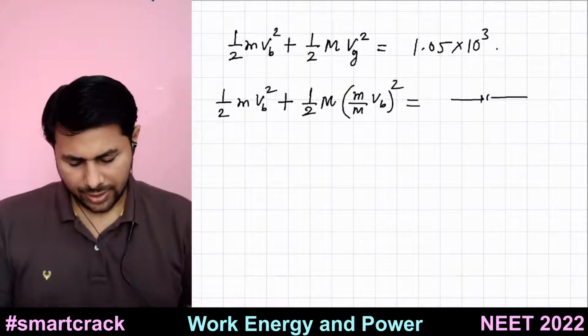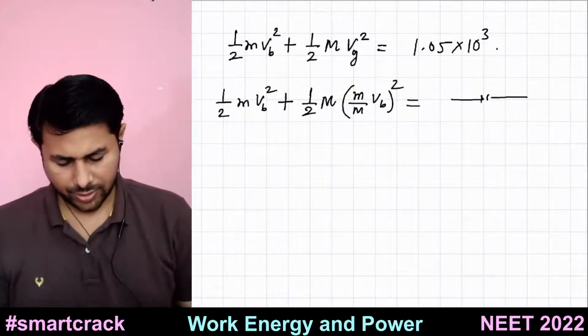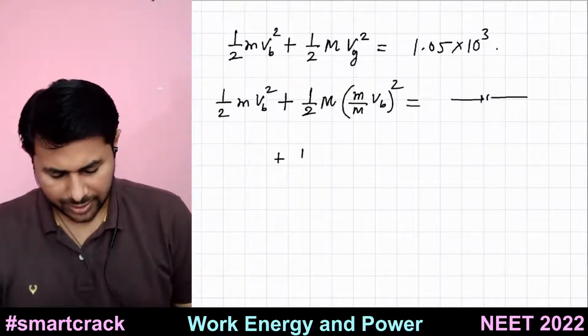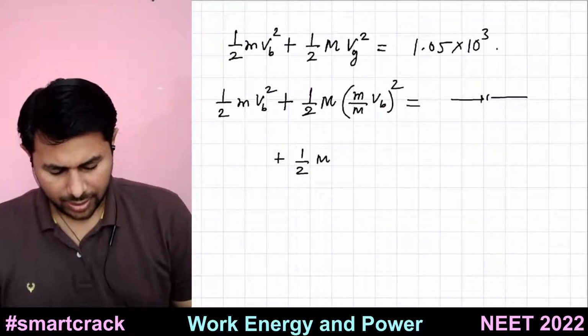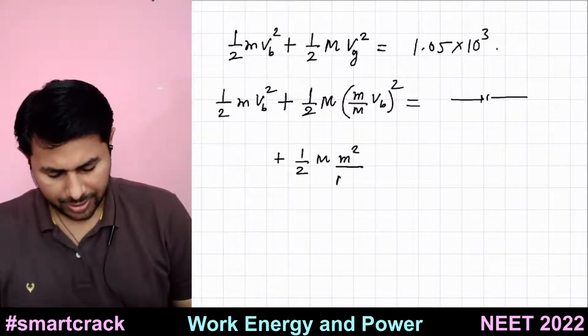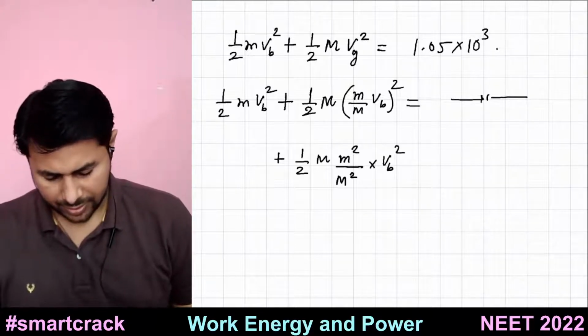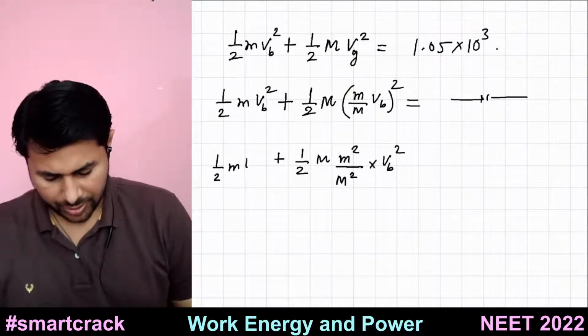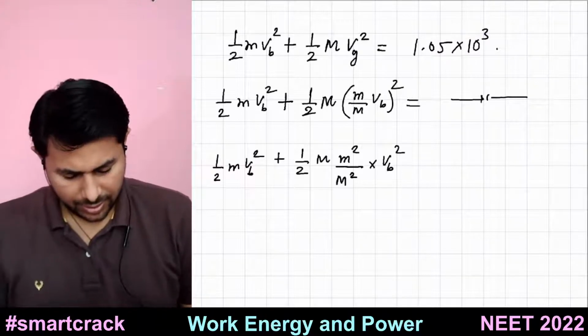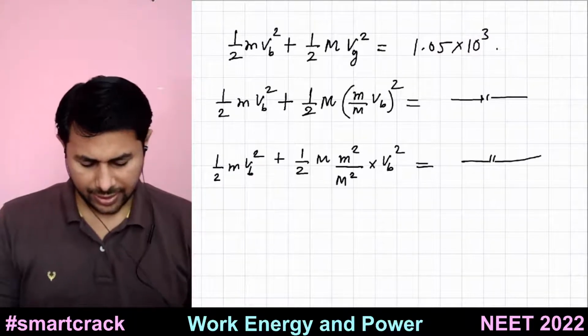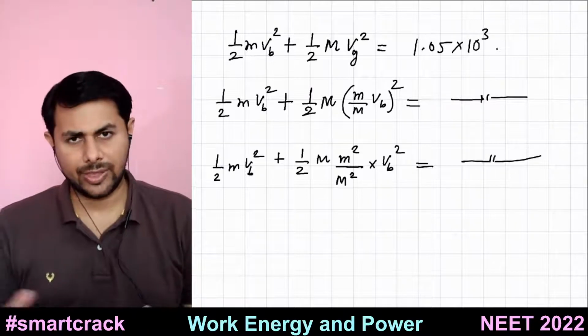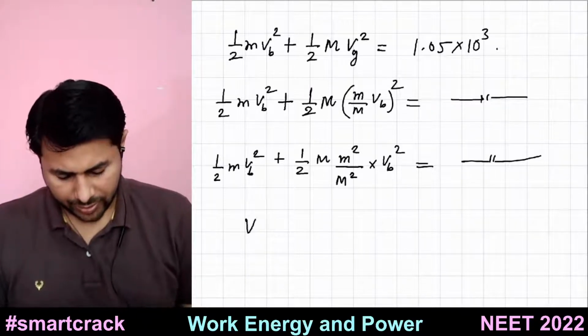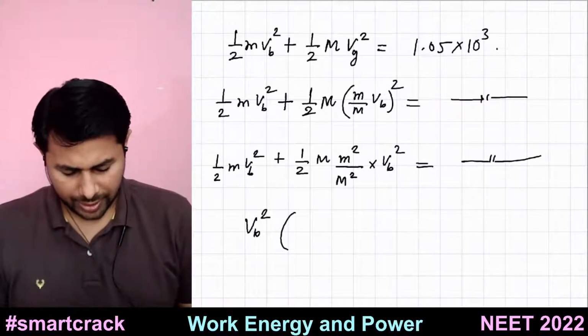All right, then what do we have? Squaring this, we get half of capital M into m square upon capital M square multiplied by vb square, plus half of m into vb square, equals the right hand side. Then we can take vb square common. What are we left with?